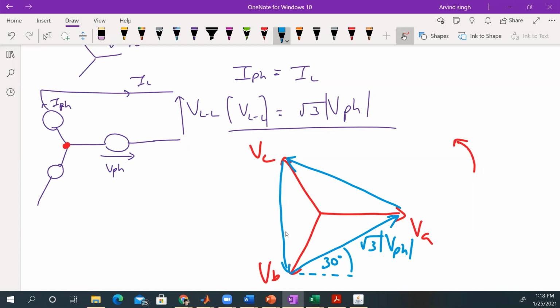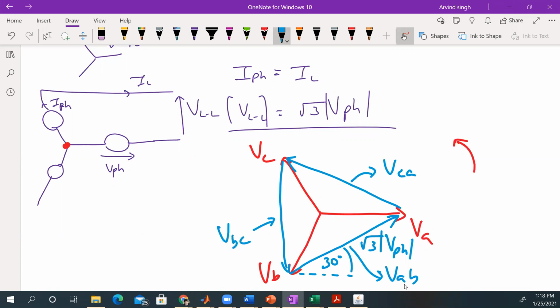And what do we notice? They're all 30 degrees from the vectors there. So this one here is VAB. It is 30 degrees more than VA. This one is VCA. This one is VBC.